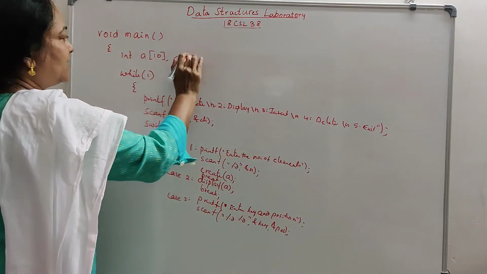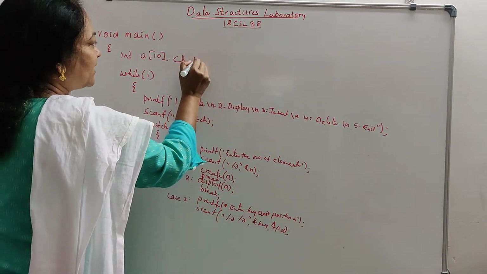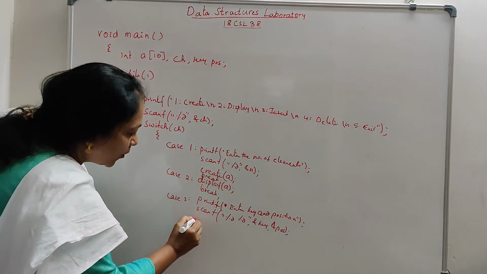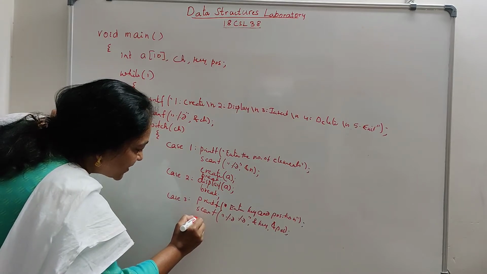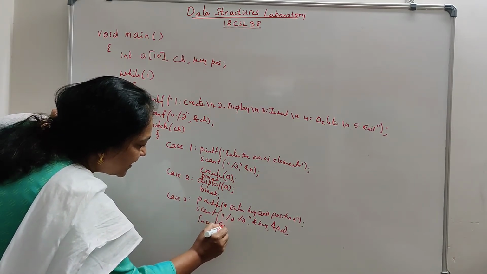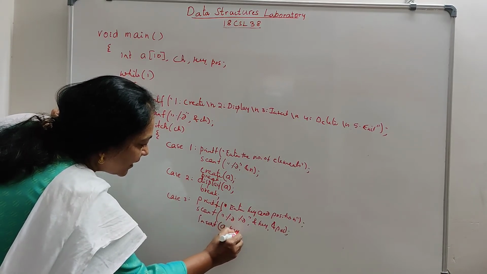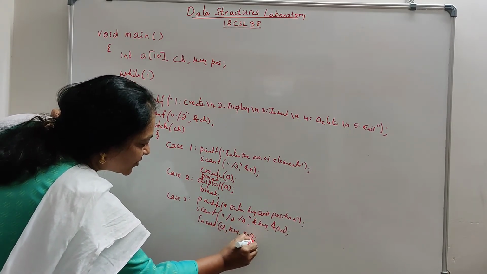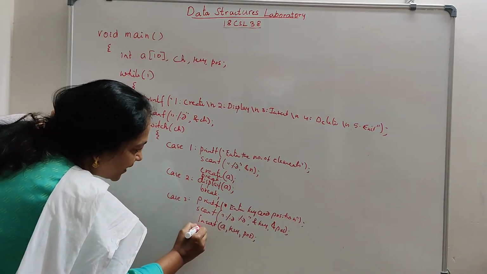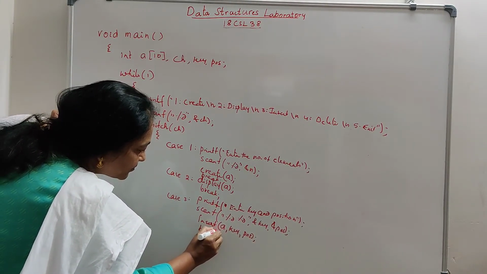Here I'm using these two variables. Let us declare that here. So position. Okay. Now after having this, I'm just calling the function insert, and I'm sending a, key and position to that particular function. Please remove that n from the function headers, and here break.